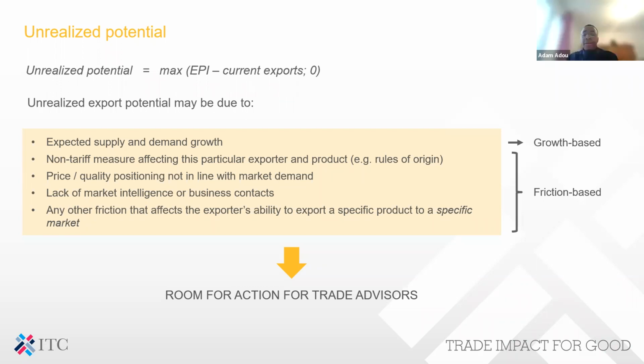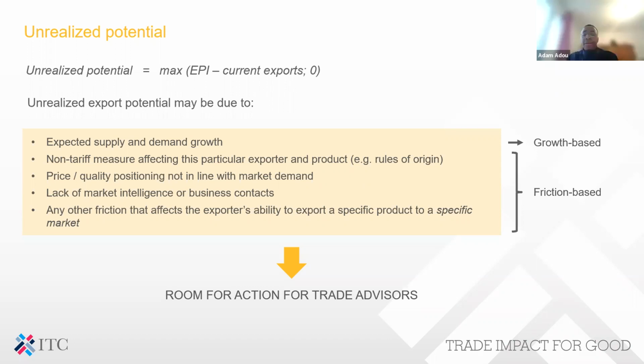It is what the country can do best in terms of export if it solves the problem of market access, if it solves the problem of non-tariff measures, maybe if it increases transparency in terms of information. All those types of friction, if they are solved, will enable the country to reach its full potential.